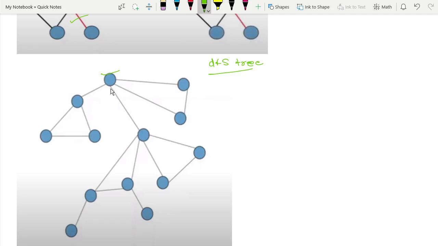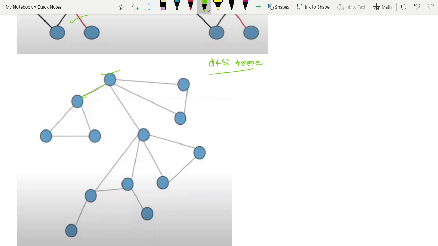Then how does the DFS work? It will see the adjacency list of this current node. If a node is not visited, then it will come here and make a DFS call from here. So let's suppose it has come here and is making a DFS call from here.